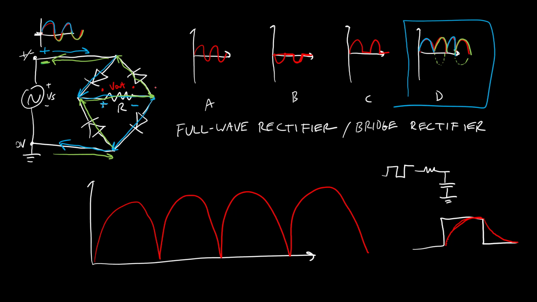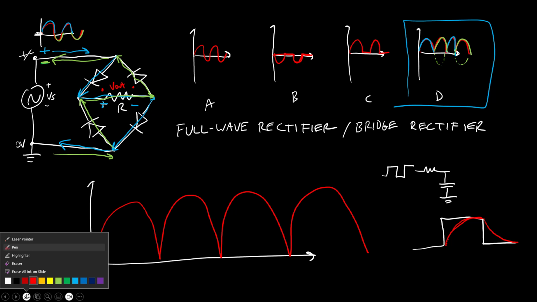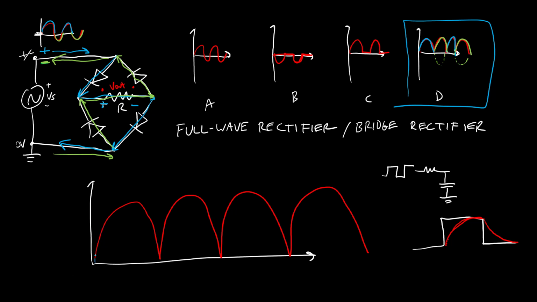We can take the output of our rectifier and feed it into an RC circuit here. I'm going to use another color, so that when we charge up, we're charging up the capacitor, but then when this voltage goes back down, we have that time constant for the capacitor to discharge. So the output voltage is not going to discharge all the way before we hit the next peak coming out of the rectifier, which charges up the capacitor again, and so on.